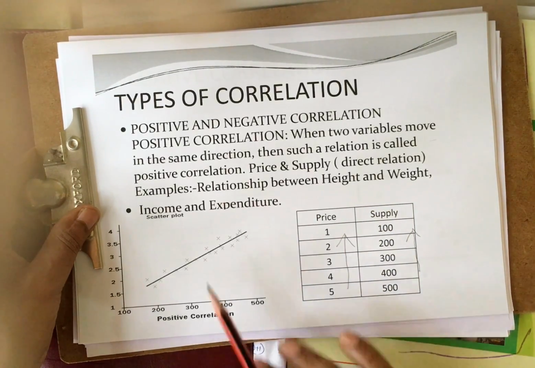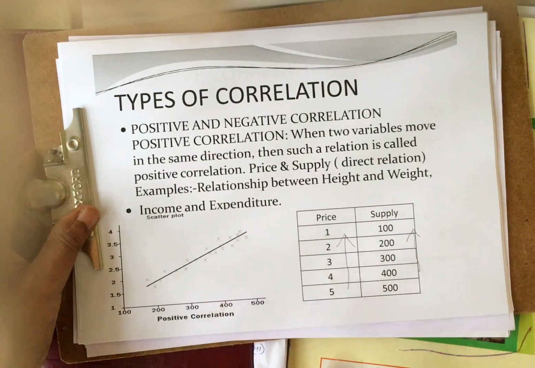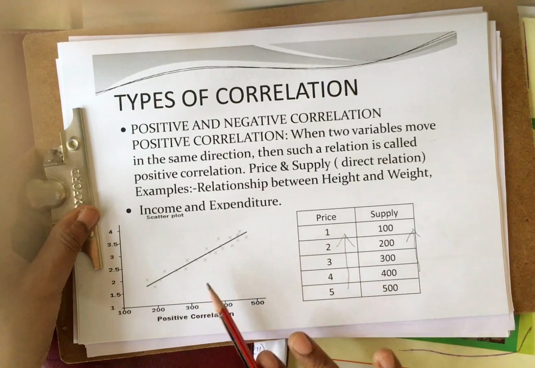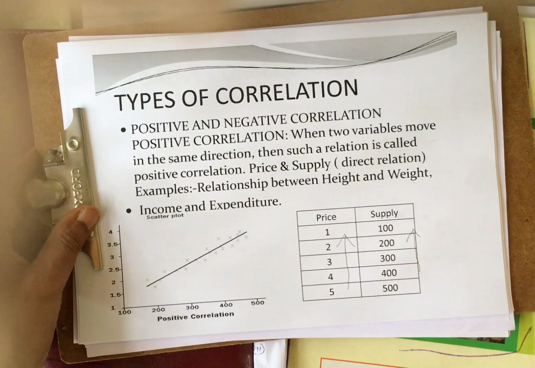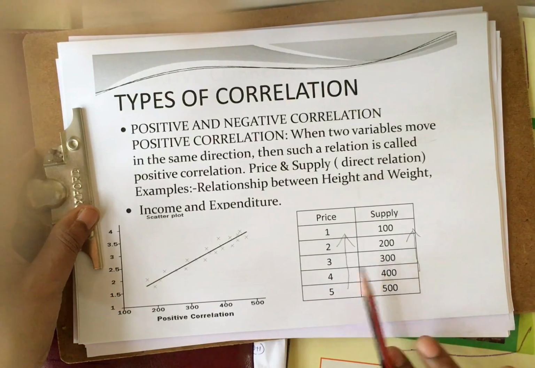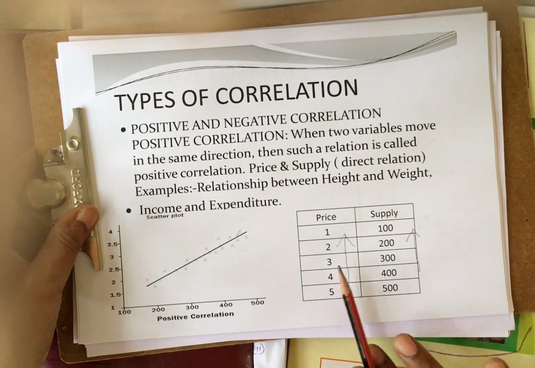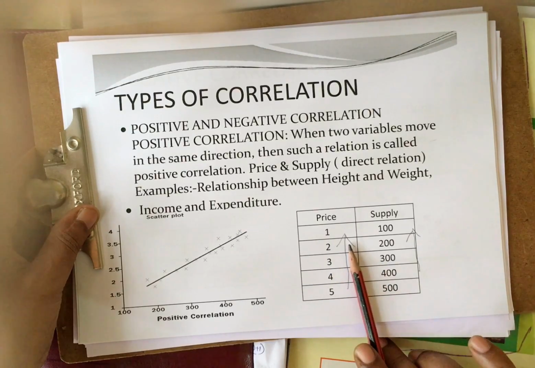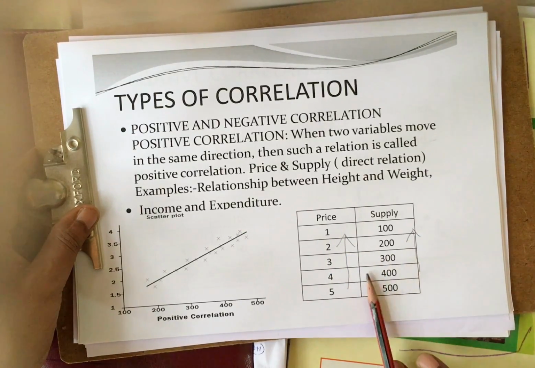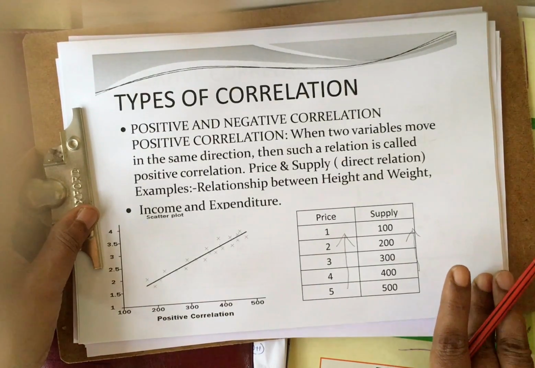In the same way, income and expenditure: income increases, generally expenditure increases. So income and expenditure also come under the positive relation. By seeing this schedule, we can easily find there is a positive relation between the price and supply. We studied this in microeconomics also, in the law of supply: when price is high, supply is high; price low, supply low. Positive relation, the supply curve also is like this only. Okay, this is a positive correlation.